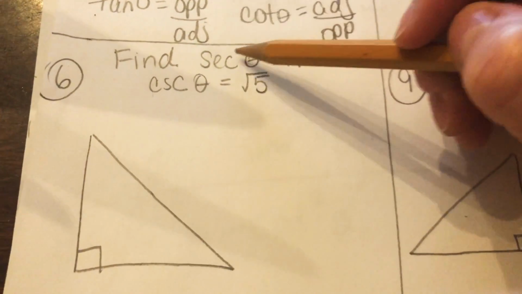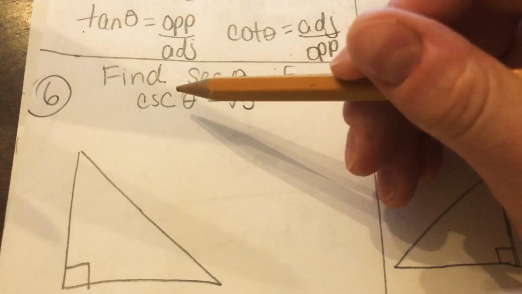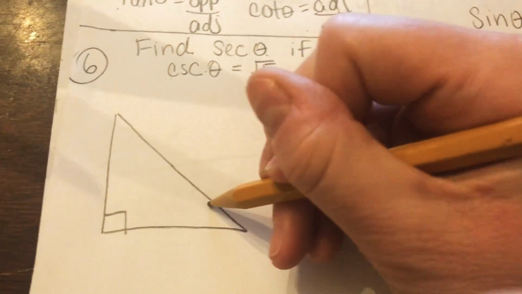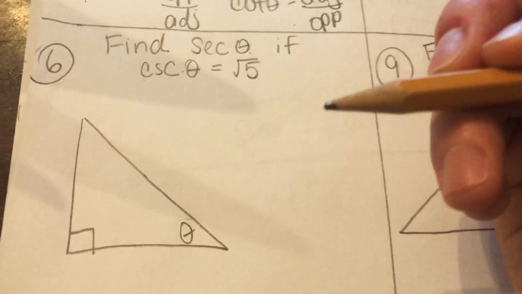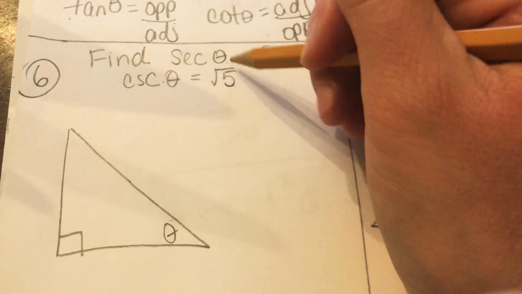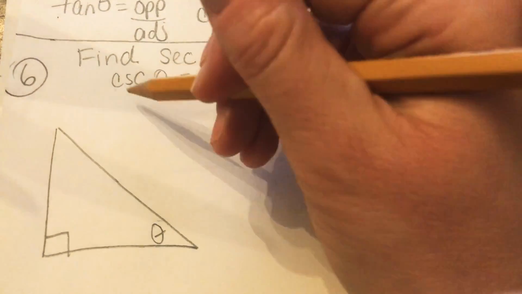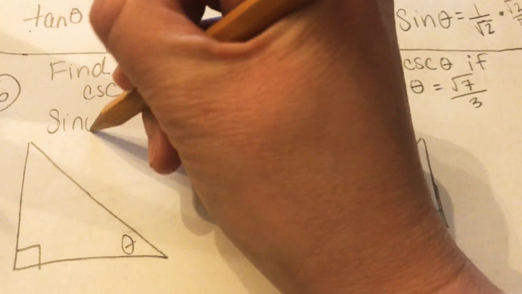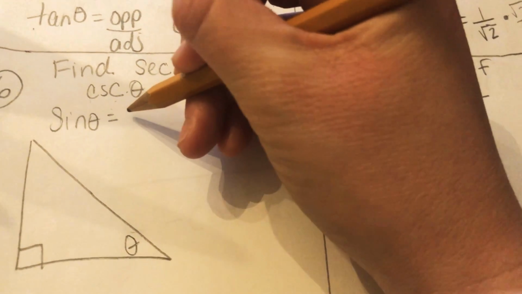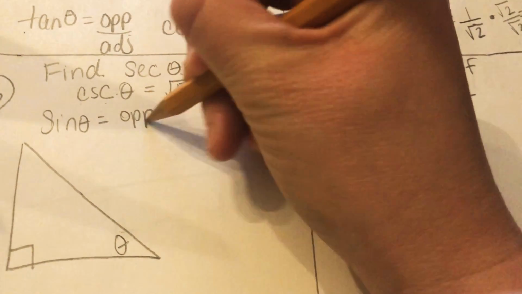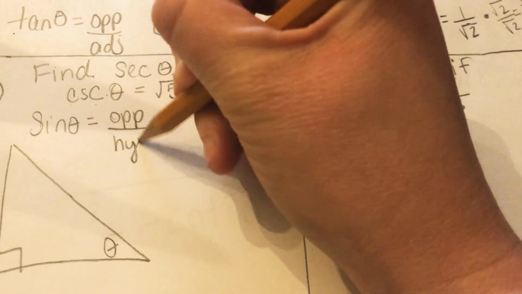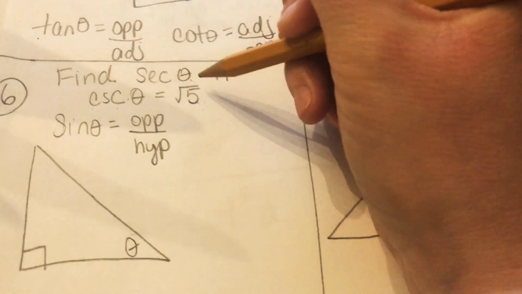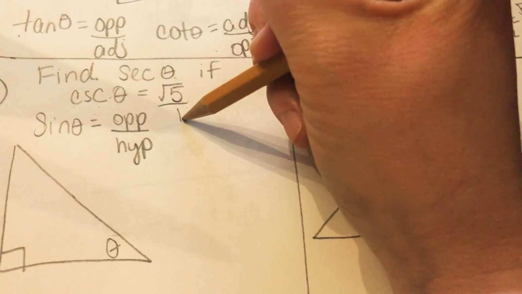All right, let's go down here. Find the secant of theta if the cosecant is radical 5. So again, I'm going to make a right triangle and put a theta in there. The cosecant is the reciprocal of sine. Sine is opposite over hypotenuse. So that means cosecant is going to be hypotenuse over opposite.